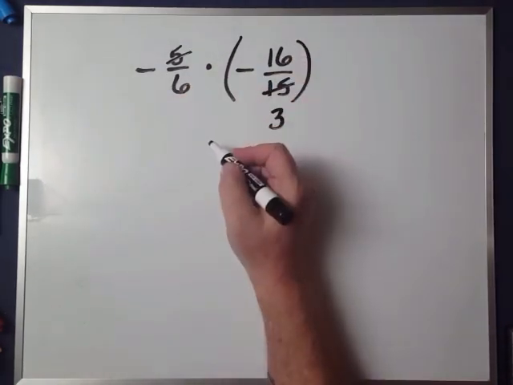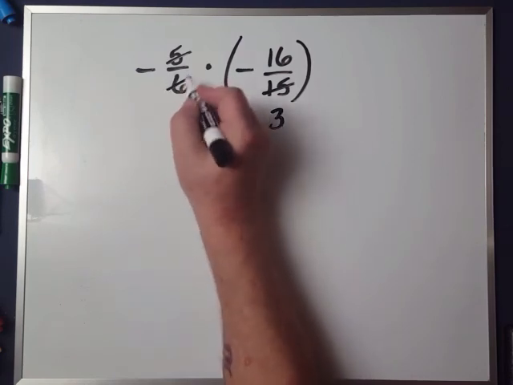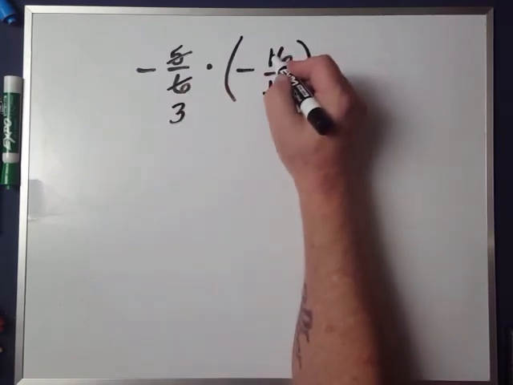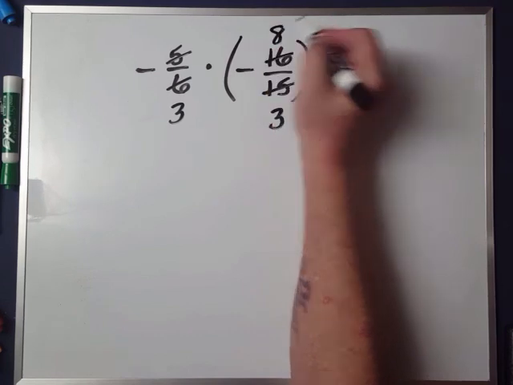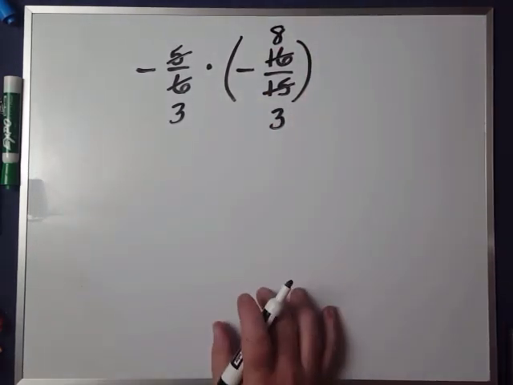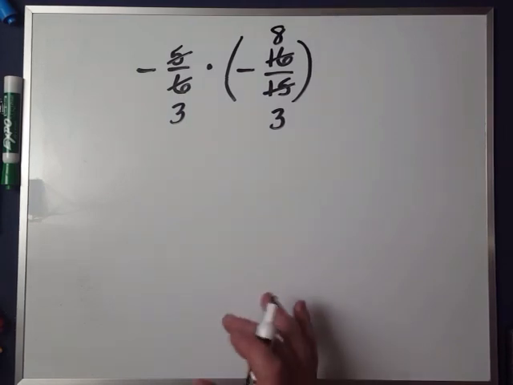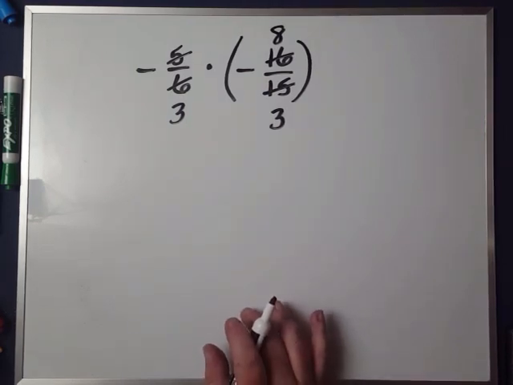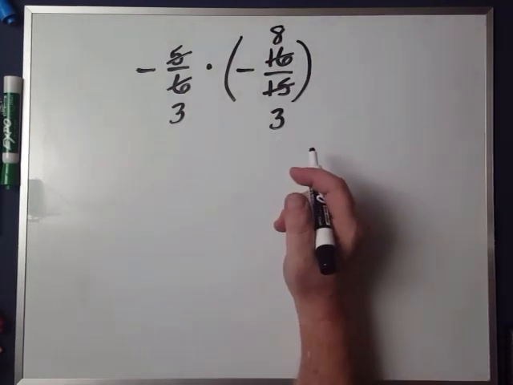We can divide both 6 and 16 by 2. 2 goes into 6 3 times. 2 goes into 16 8 times. We've cross-canceled everything we can, so that tells me that my answer should end up in lowest terms. Already, we've pre-reduced by cross-canceling.